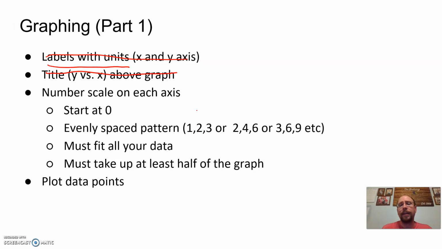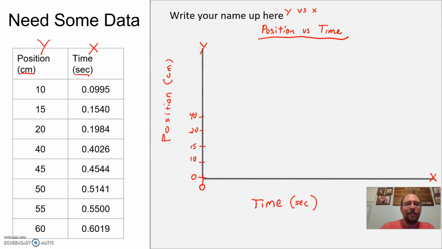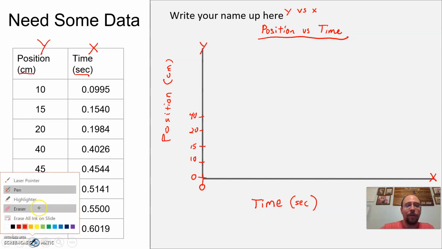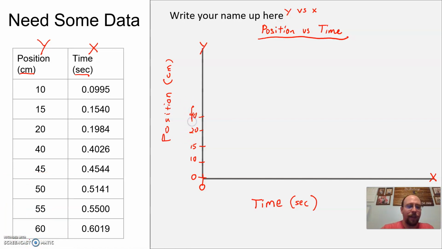We have to go up by an even pattern starting from 0. So we could do something like 0, 1, 2, 3, or 0, 2, 4, 6, or 0, 3, 6, 9, or 0, 5, 10, 20, or 0, 5, 10, 15, things like that. It has to be even, and it has to be even the whole way. We're not skipping stuff like 20 to 40.